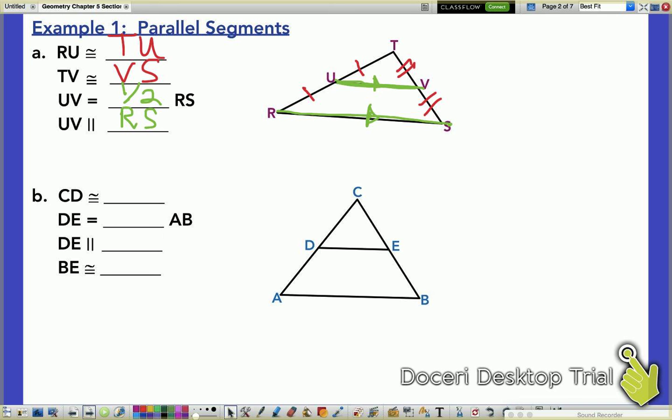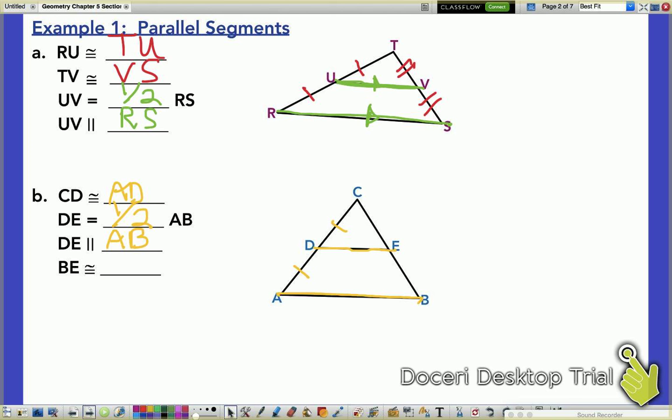All right, so next triangle. CD would be congruent to AD because this is the midsegment. Okay, DE is half of AB. Okay, DE is also parallel to AB.